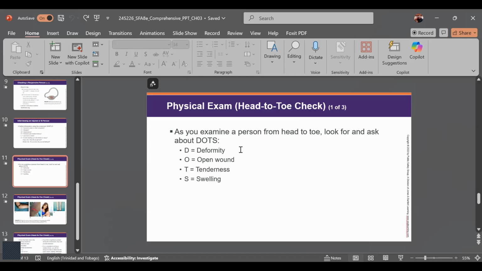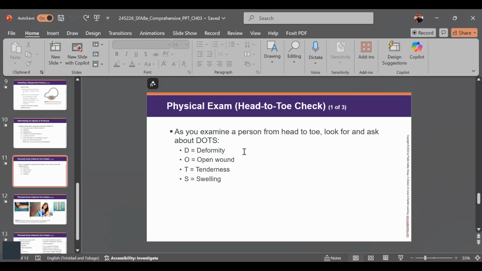Okay? And the importance of it is whatever information we can get very quickly, pertinent information, makes it easier for us to manage our patient. Okay?